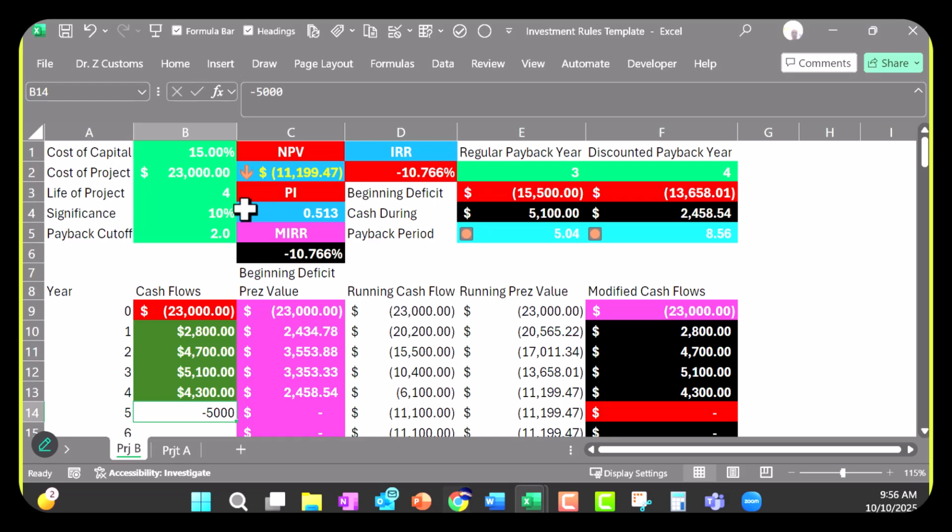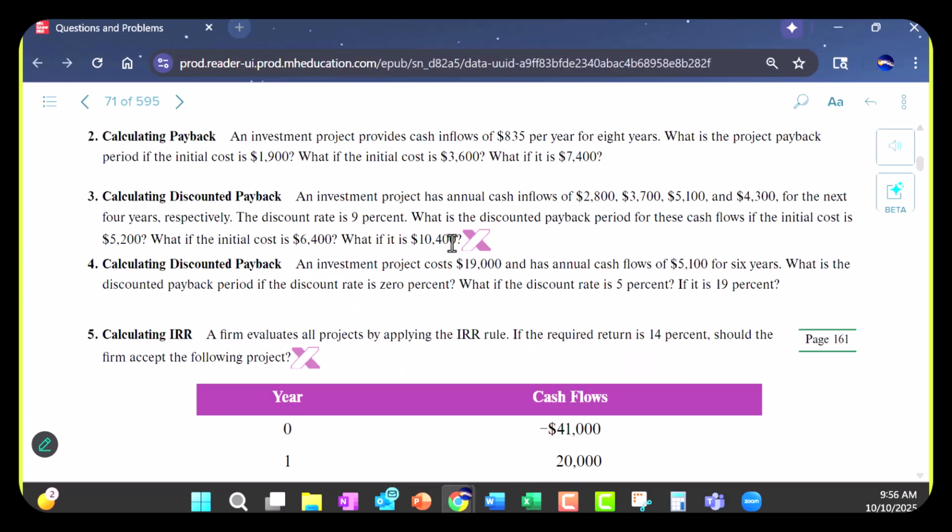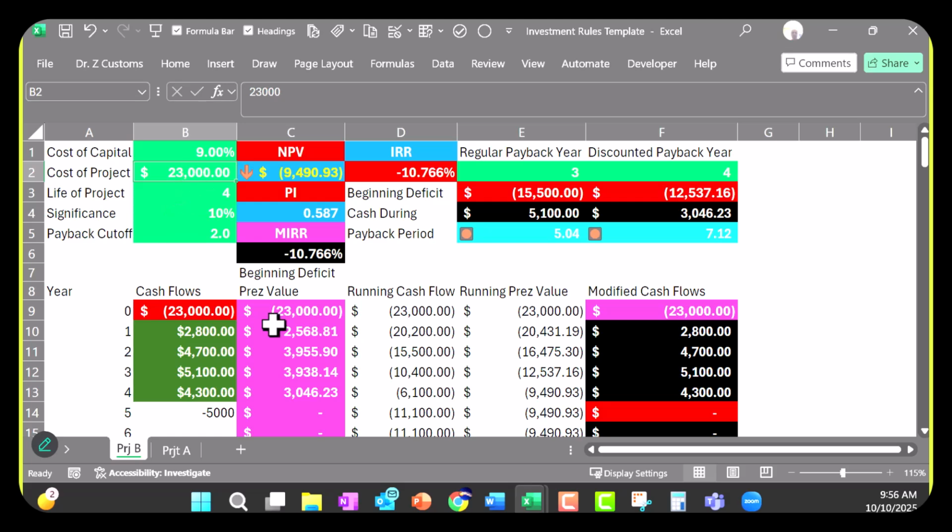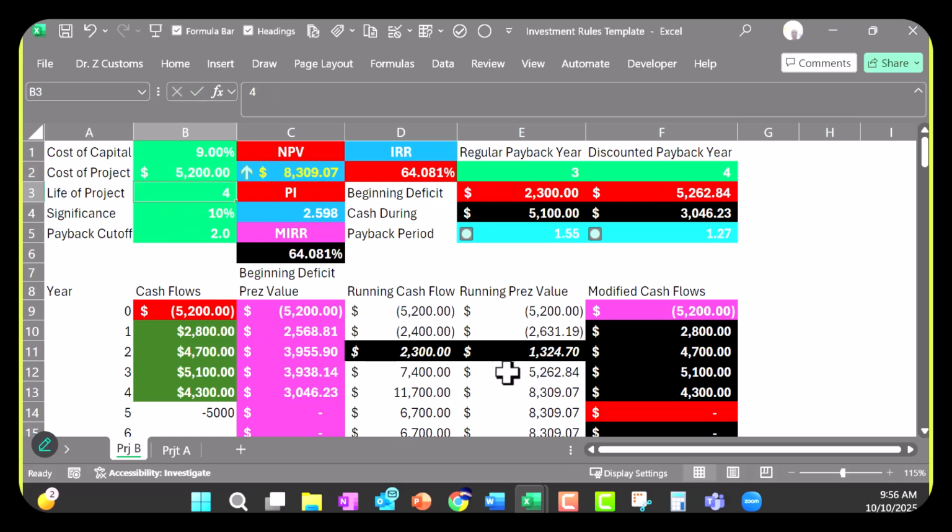Discount rate is 9%, and the initial cost is 5,200. Now, in this one, I look at the payback on the running present value that happens in year 2. So discounted payback is 1.67.